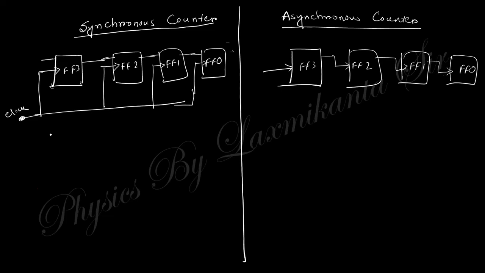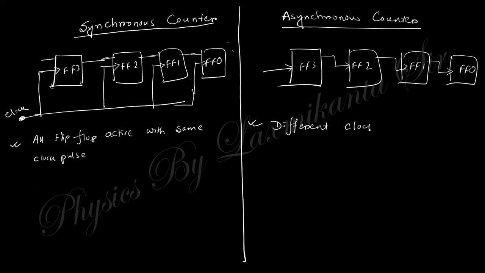In a synchronous counter all the flip-flops are active with the same clock pulse. But in an asynchronous counter, they are not active in the same clock pulse. They have different clock pulses.